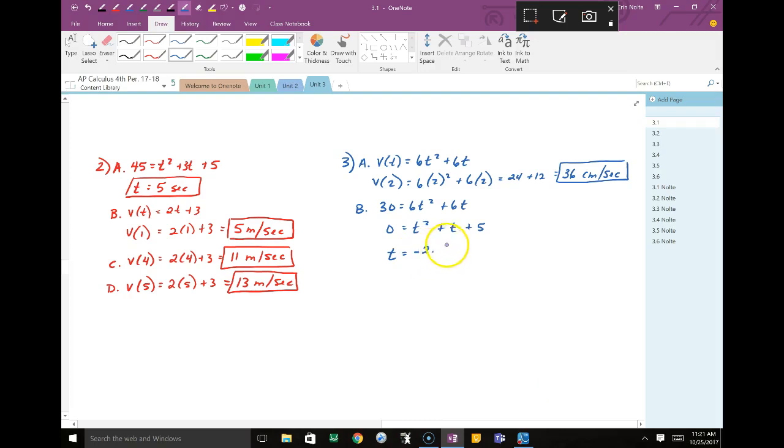Negative 2 point, what did you say? 791. 791 and positive 1.7. Okay. Do you remember the part where it says, was this problem? Oh, no, that was the last problem where t has to be positive.